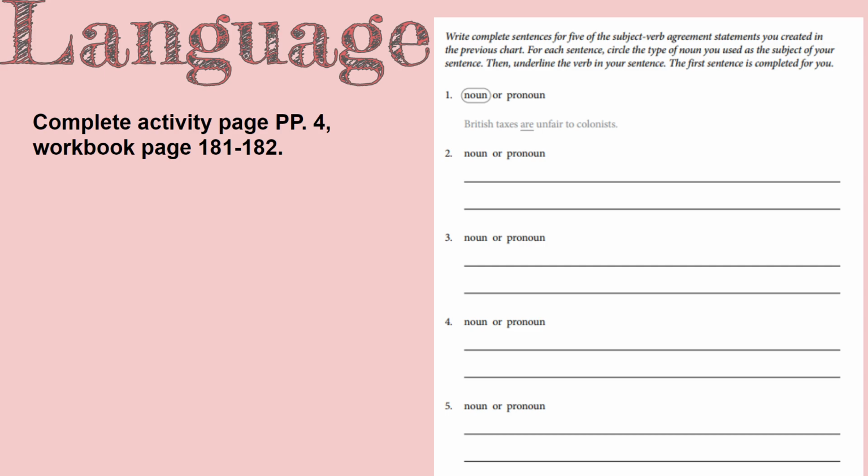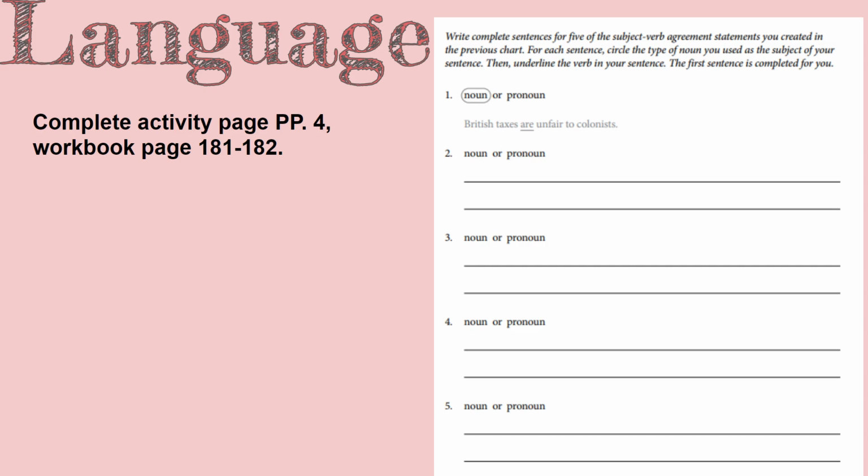For 182, we're going to write sentences for 5 of the subject-verb agreement statements you created in the previous chart. So for each sentence, you're going to circle the type of noun that you used as the subject of your sentence, and then underline the verb in the sentence. The first sentence is completed for you, and I am even going to give you an example for number 2.